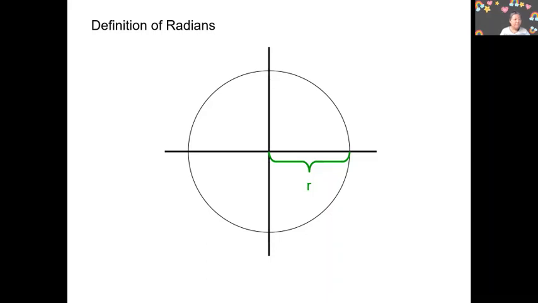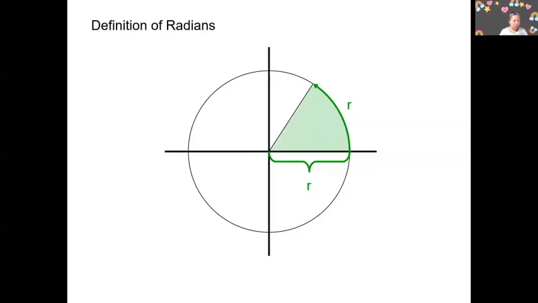From the standard position of the angle, starting at the initial side, you measure the radius length and then go along the outline of the circle exactly the same length.